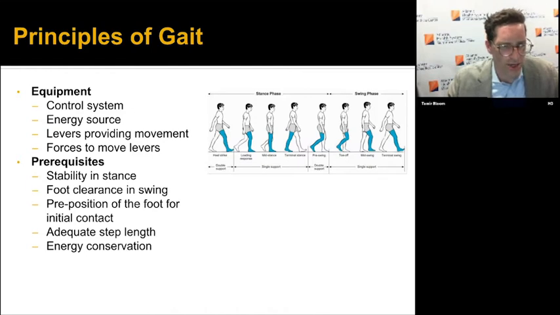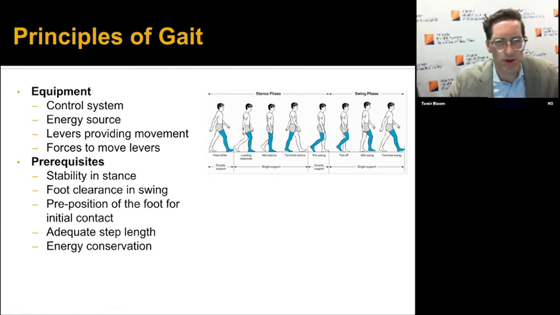So for normal gait, we need to have the right equipment as well as certain prerequisites. We all walk in a certain way that is fairly consistent because it follows the following prerequisites, and these prerequisites, you can imagine, will be affected in someone that walks in equinus, such as stability in stance, as I mentioned, proper clearance of the foot in swing.